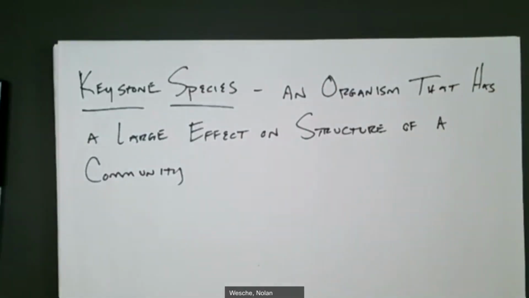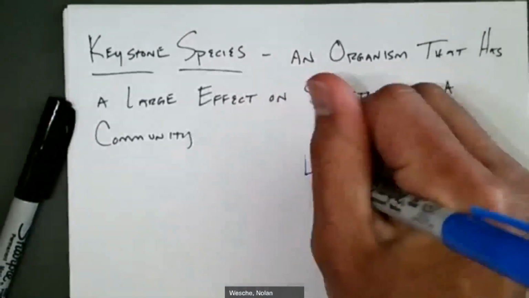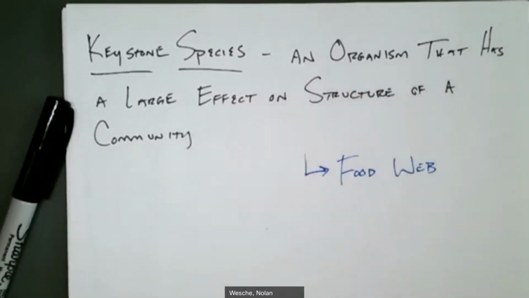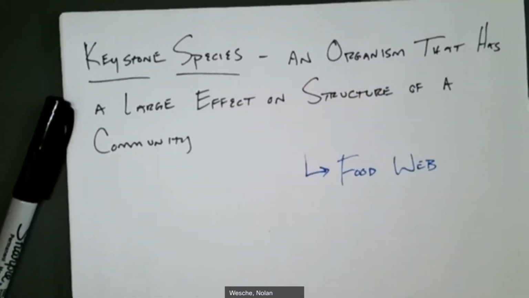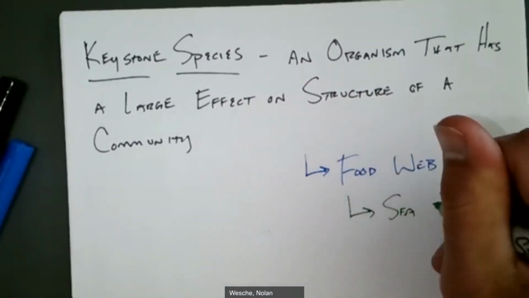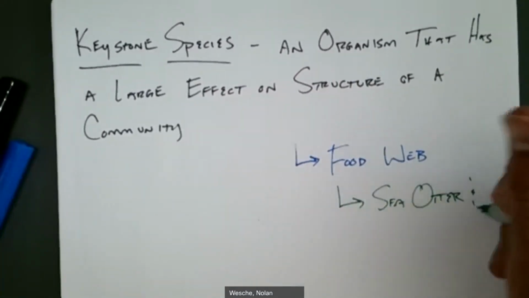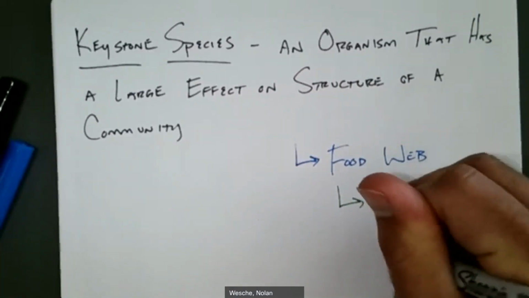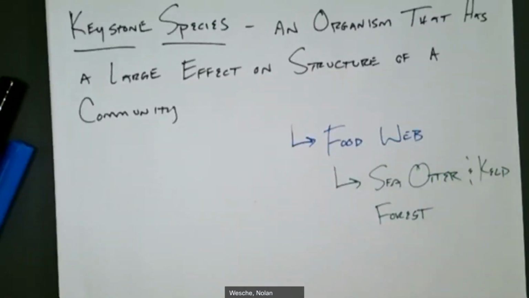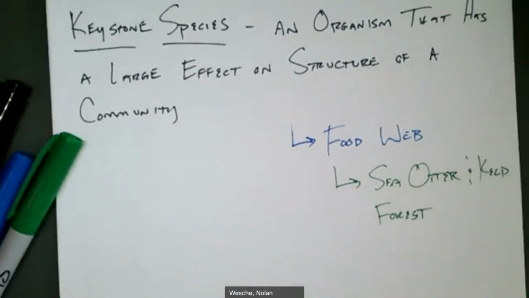So we'll go ahead and make a note of these examples where, when you look at a food web, there can be some organisms that are these keystone species. So we said the sea otter is one in the kelp forest community. And then you could go prairie dog in the plains or the prairie as well.